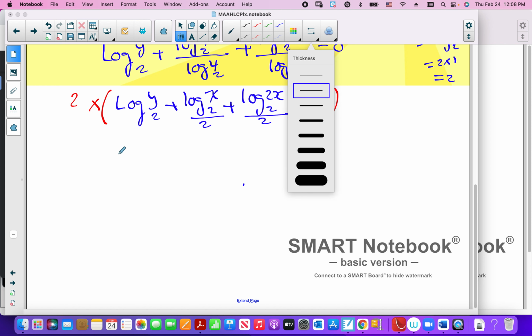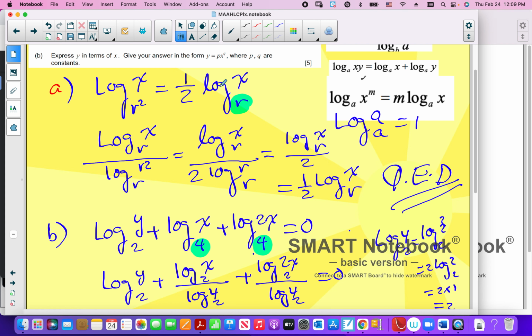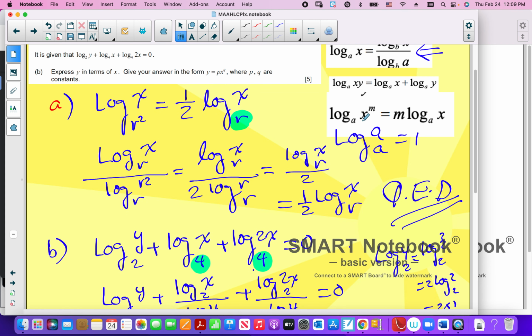that will render my left hand side to be 2 log y base 2 plus log x base 2 plus log 2x base 2 equals 0. Using the same power property, the reverse of it, log x to the power m base a is the same as m into log x base a, or I can take this and put it back if it is in front of it.